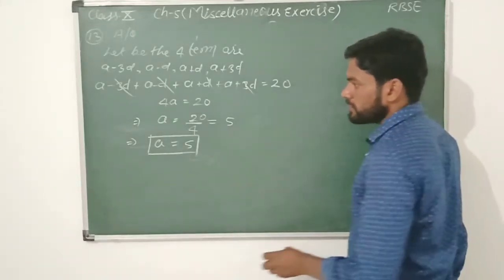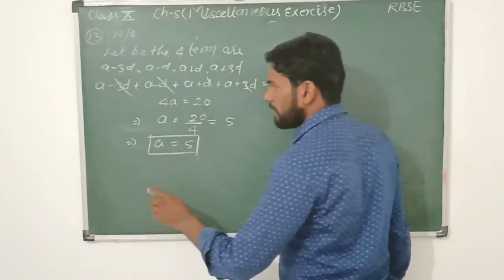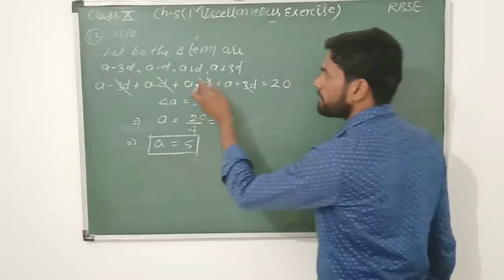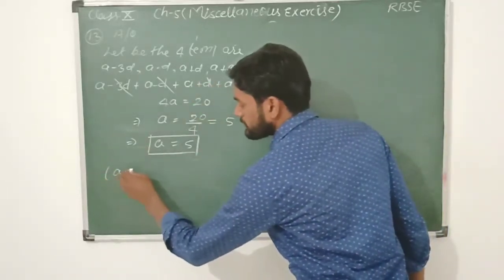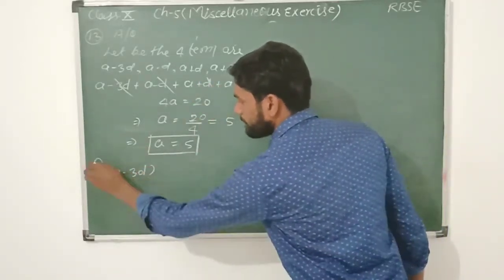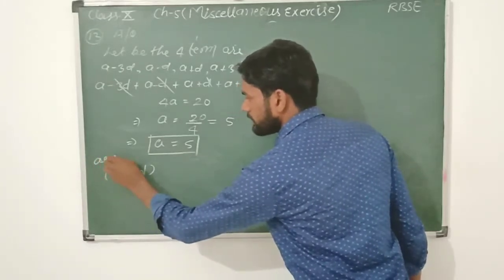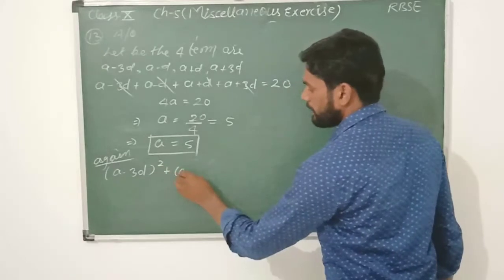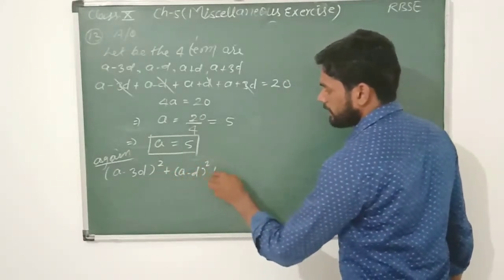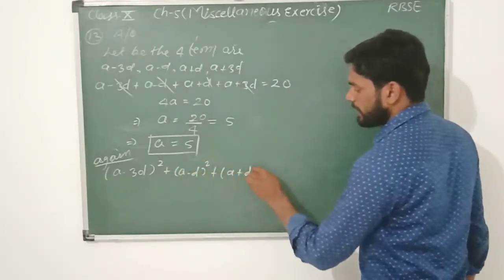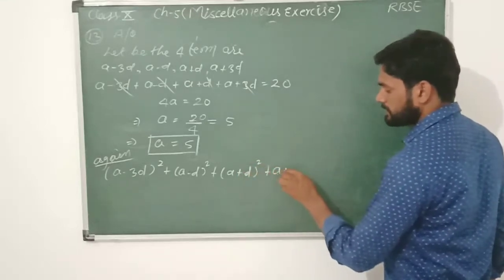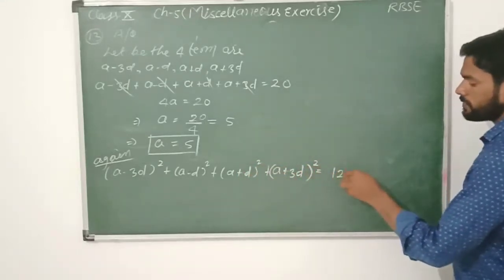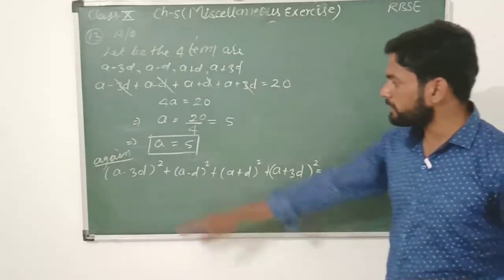The next, second condition is also given, which is the sum of squares of all these terms. Again it is the next condition: (a minus 3d) square, (a minus d) square, (a plus d) square, and (a plus 3d) square, which is equal to 120.